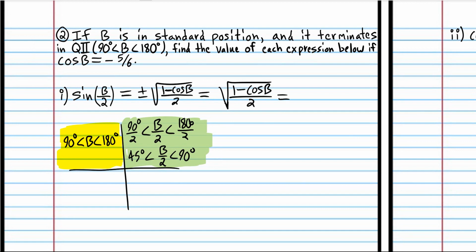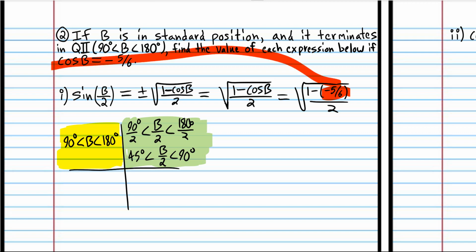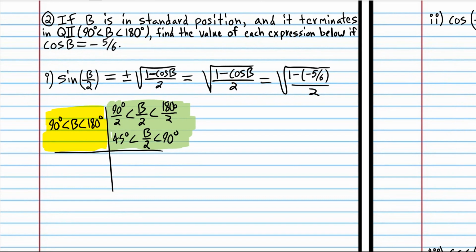So we know cosine B, we're given that information, it's -5/6. I got that information from here.